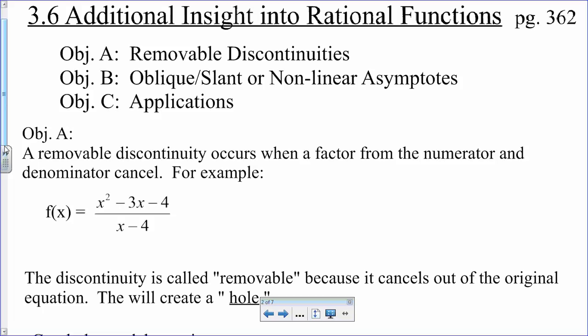So a removable discontinuity occurs when a factor from the numerator and denominator cancel.